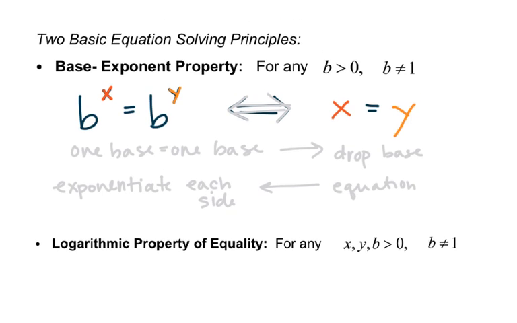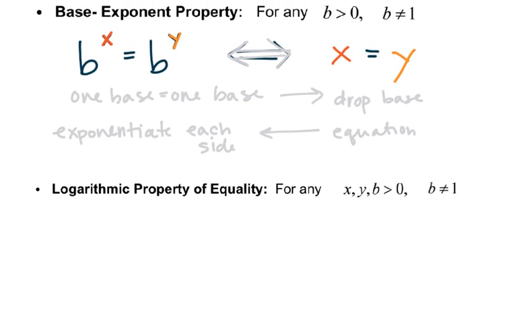So my other equation here is my logarithmic property of equality, and this is very similar, and it just says that if we have one log base b of some x value equal to one log base b of some y value, then again we have a biconditional statement. If we have one log equal to one log, we can drop the logs and state that that x argument would be equal to the y.